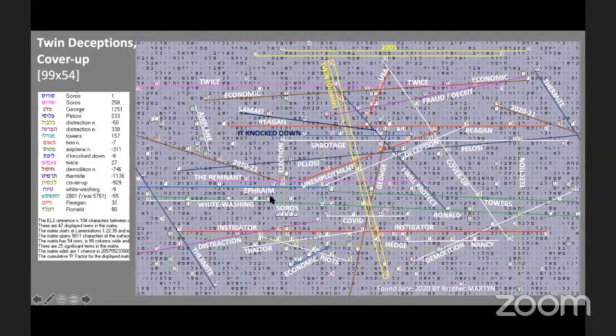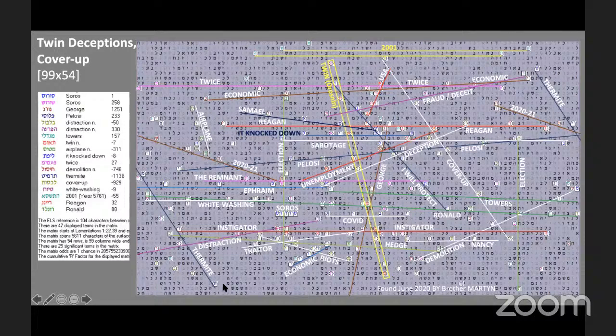Ronald Reagan's name is in here. And then you have all the things about a cover-up: whitewashing, sabotage, fraud, deceit. This is the word, the towers. And then you have, again, like we see when we're looking at some of these things with evil, the remnant, and I believe we also have I will protect in here.